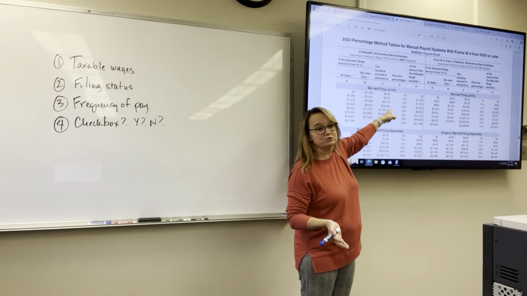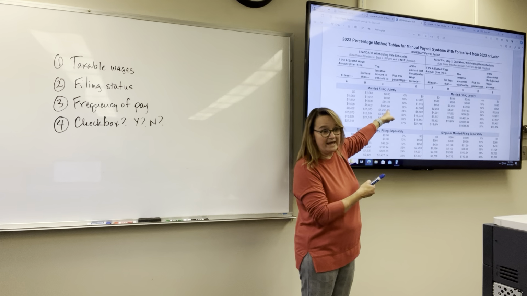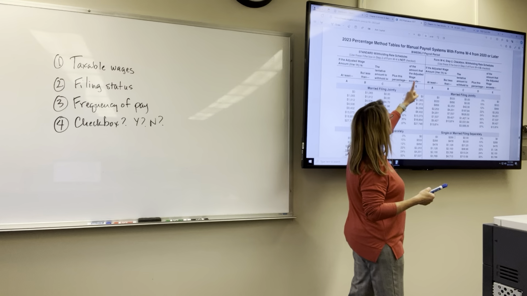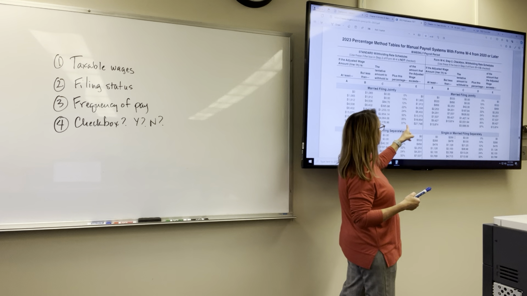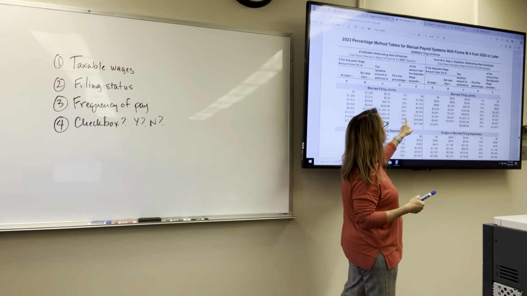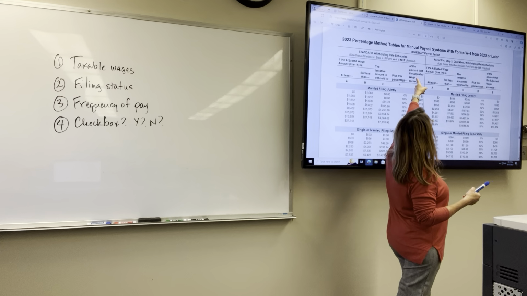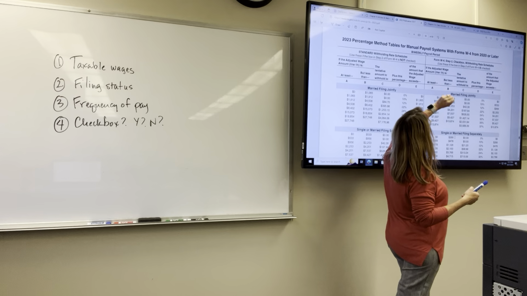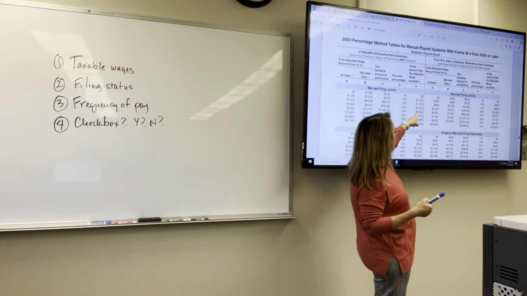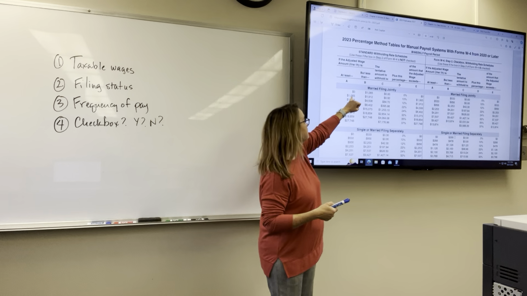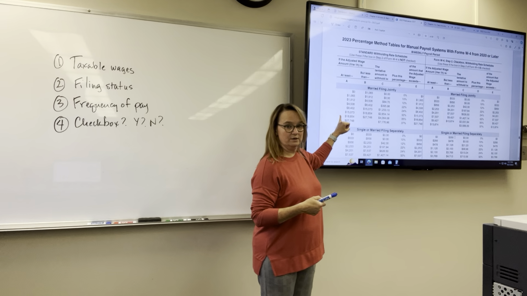There's going to be some additional amount that we're going to add to that. Plus this percentage, whatever is appropriate in this column, based on the income, of the amount of the adjusted wage that is over this amount. You can see this amount here is the lowest of the range here.